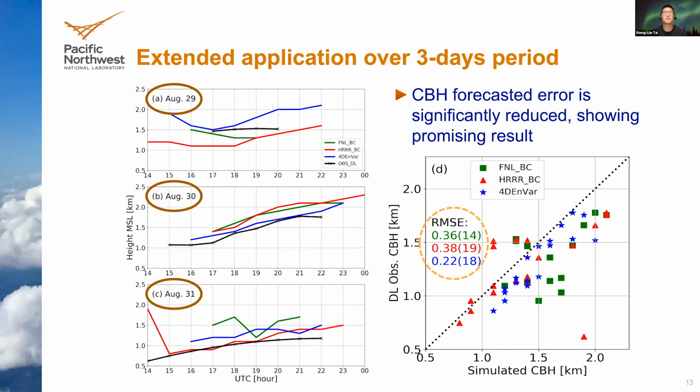I think the increments after data assimilation are very useful information because they tell where the model went wrong structurally.